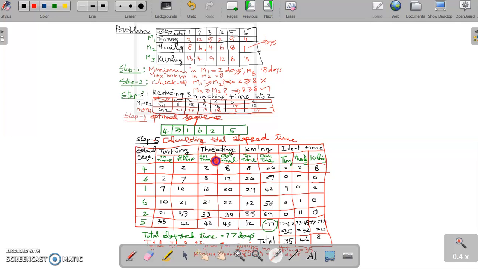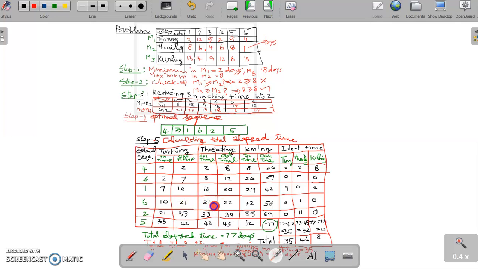Now similarly for the threading machine, instead of 0 here, after 2 days only it can start, 2 here. Then the fourth job, 6 days comes, 2 plus 6, 8. Then 8 is the starting time, the third one 4, 8 plus 4, 12. Then 12 plus 8, 20. But look at this, to finish the turning machine 21 days comes, but here it finishes in 20 days itself, therefore on 21 only it can start.